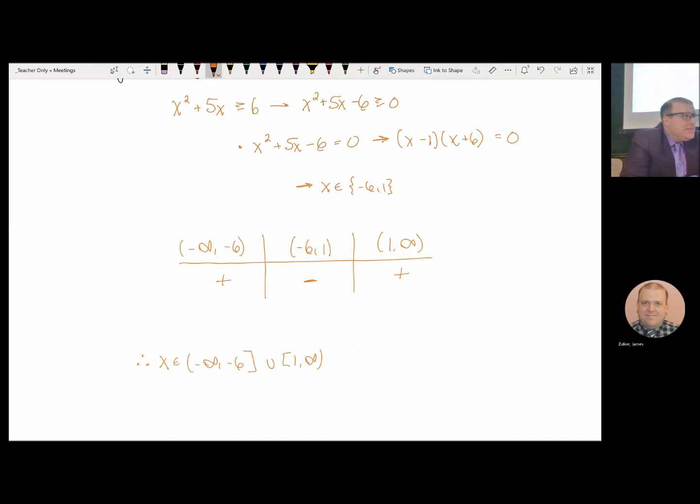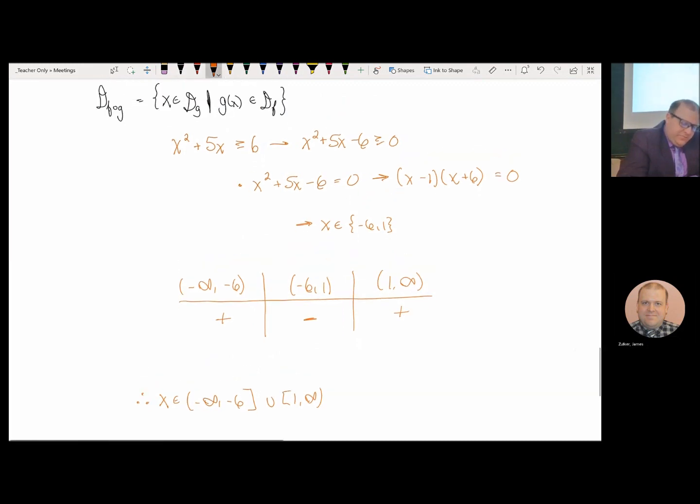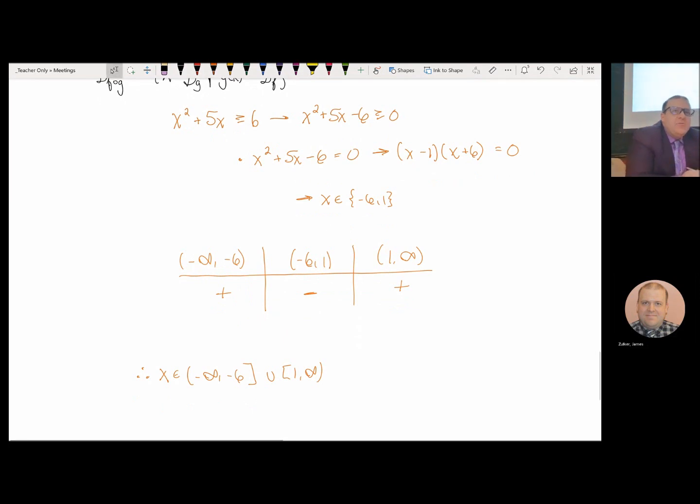What is the name of the symbol again? It just means in. Right, so x is an element of, which is another way of saying x can be any of those values. These values guarantee that g of x is in the domain of f.